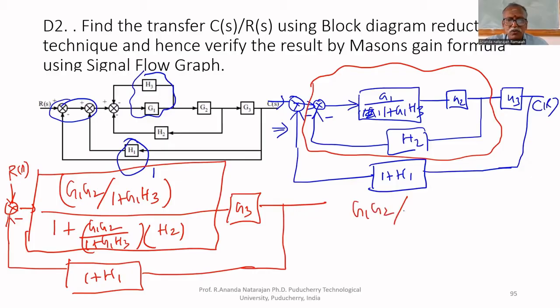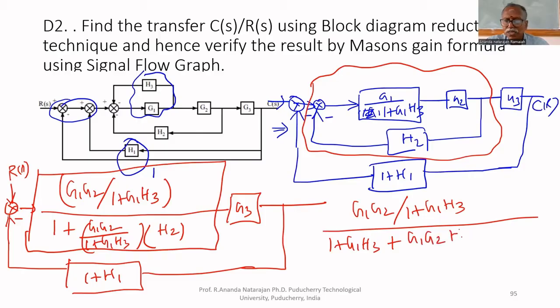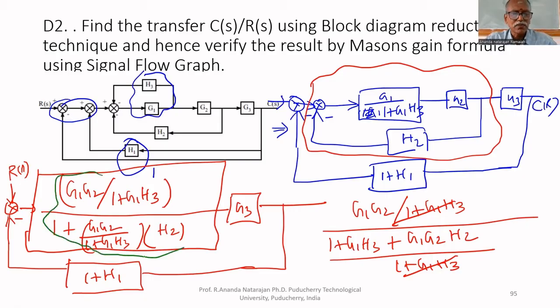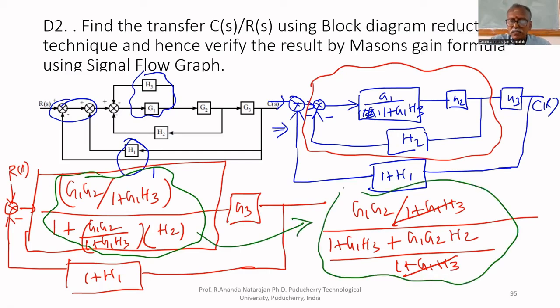G1, G2, 1 plus G1, H3 whole divided by 1 plus G1, H3 plus G1, G2, H2, whole divided by 1 plus G1, H3. These two are getting cancelled. So this block is reduced like this.